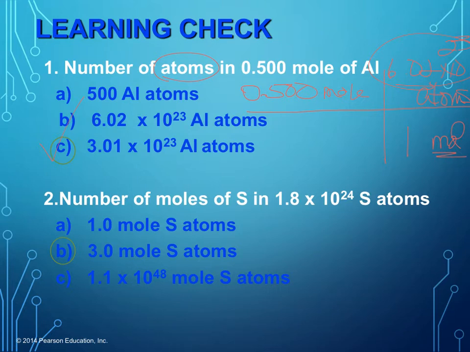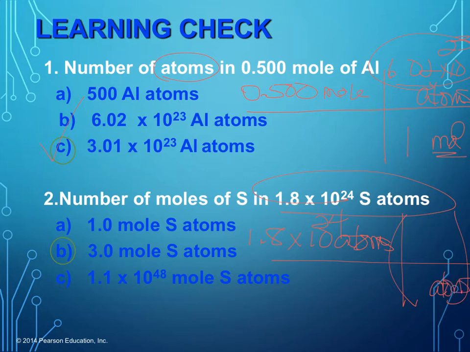How many moles of sulfur are there in this many sulfur atoms? I'm going to start with my given information. Atoms are my units that I begin with. I have to make sure that my conversion factor has atoms in the denominator so that those units cancel out. I'm trying to get to moles, so those units go in the numerator.